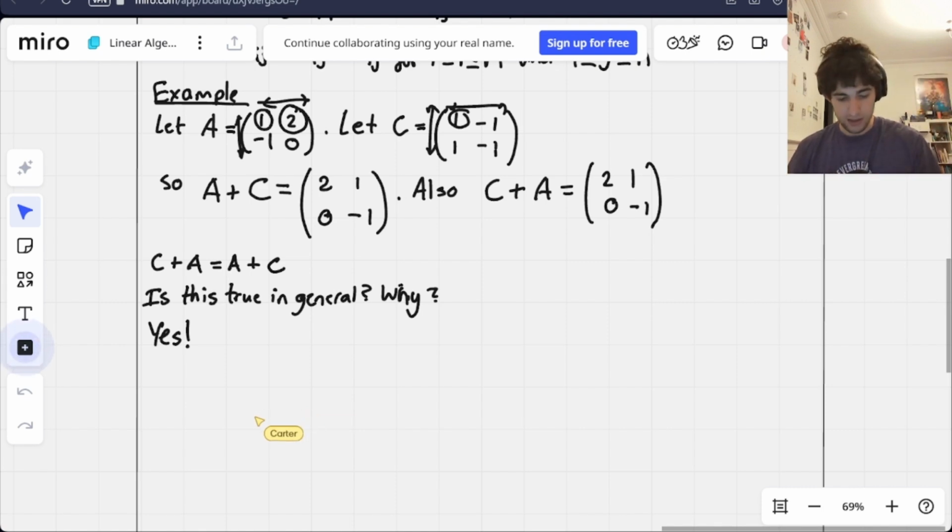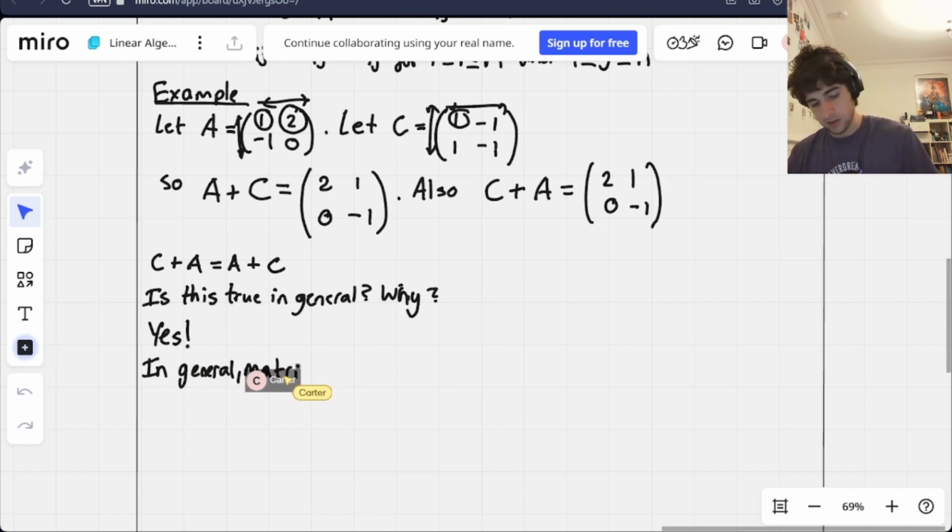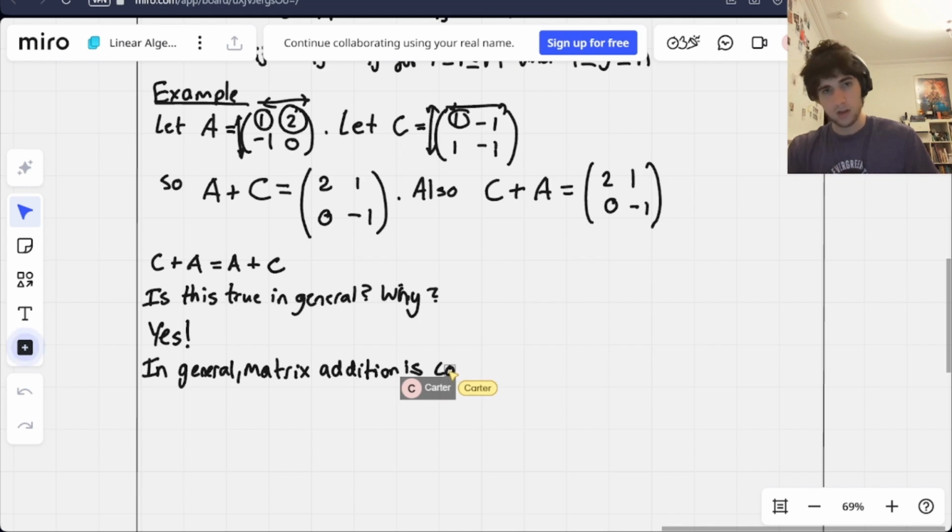And so we know that in general, matrix addition is commutative. Addition is commutative, right?